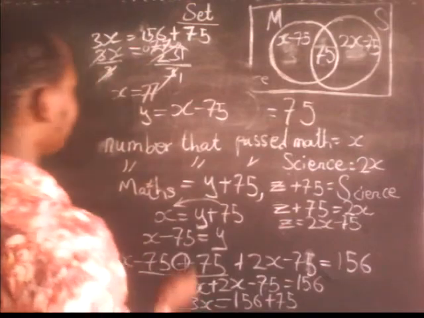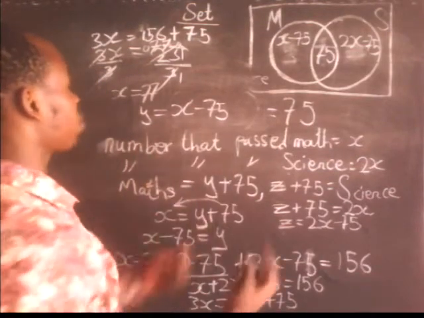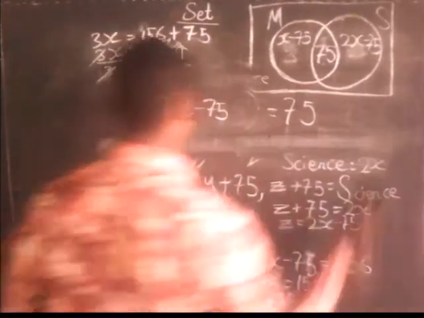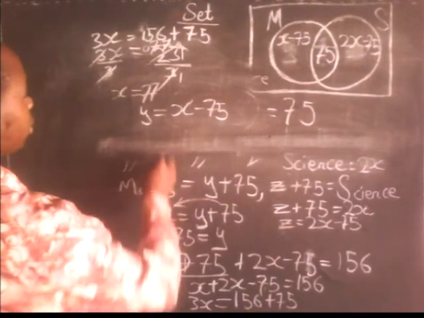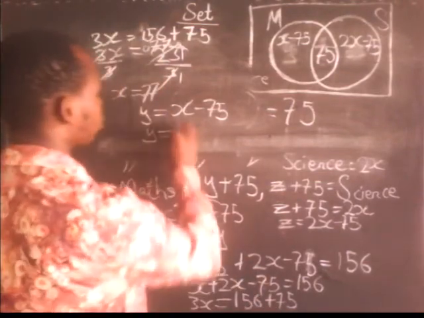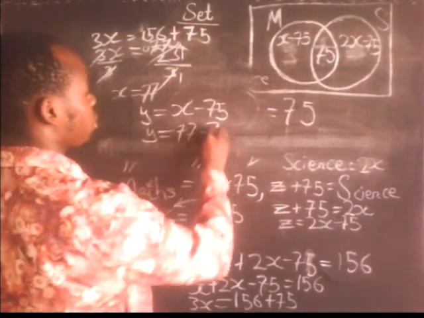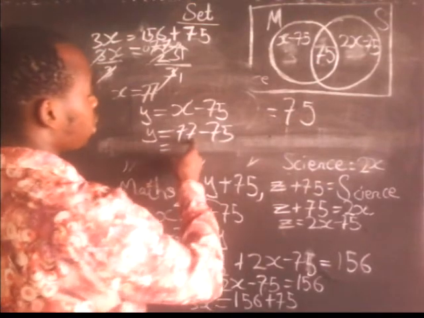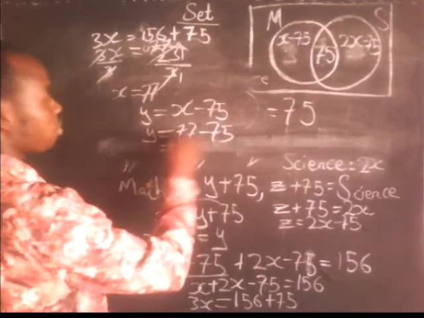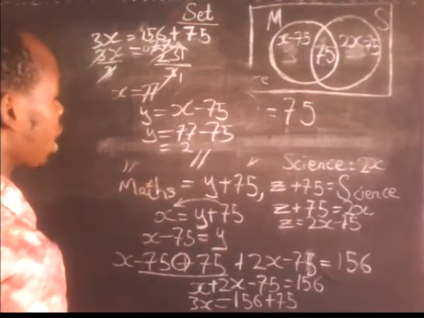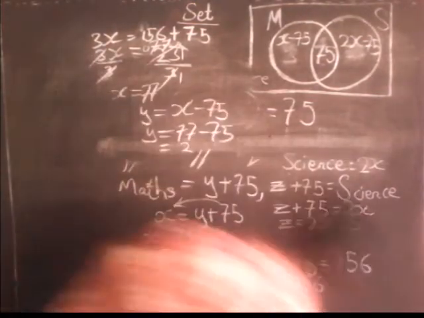So y is equal to x minus 75. Then y, which is the number of students that pass mathematics only, will be equal to 77 minus 75. 7 minus 5 gives me 2. 7 minus 7 gives me 0. So I'll be having this 2 as my what? My answer.